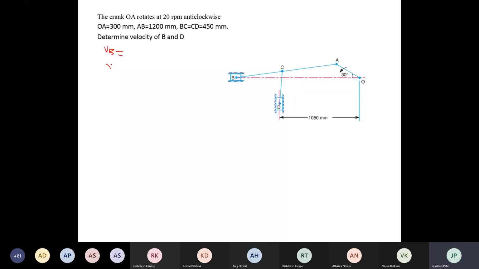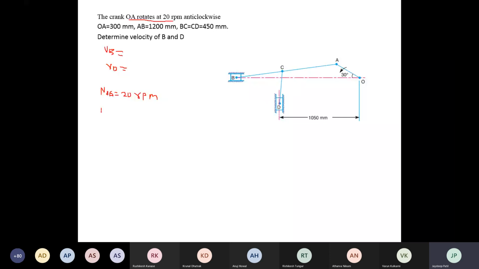Okay, now first of all you have to draw the configuration diagram with scale. Then you have to find out the velocity of the input link. The speed of OA is given here as 20 rpm in clockwise direction. Now find out omega OA.